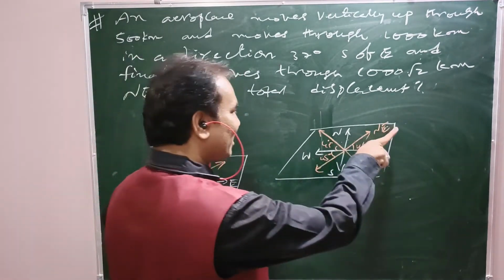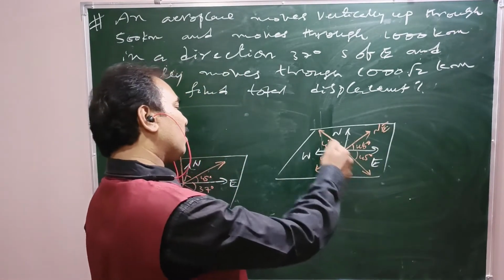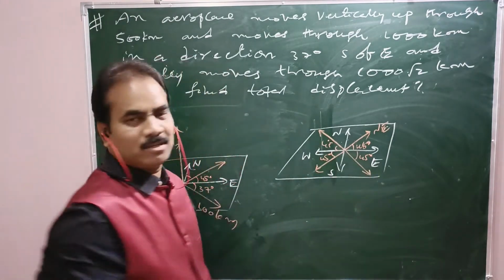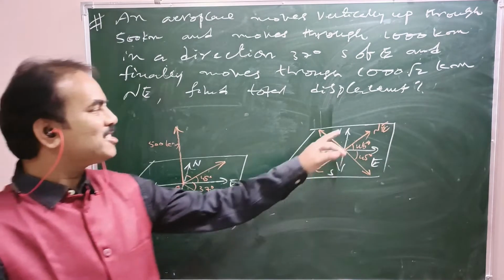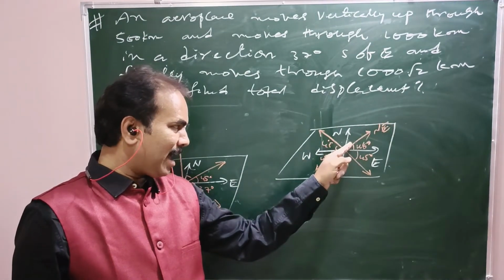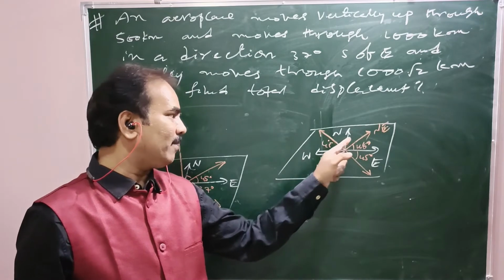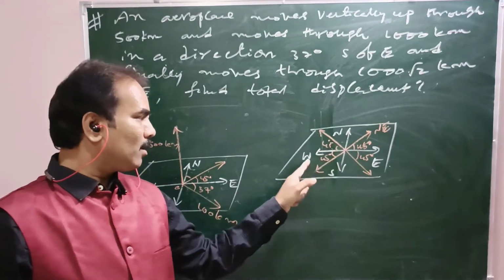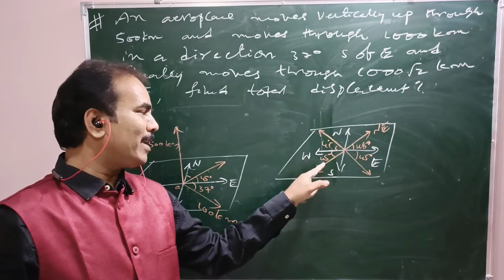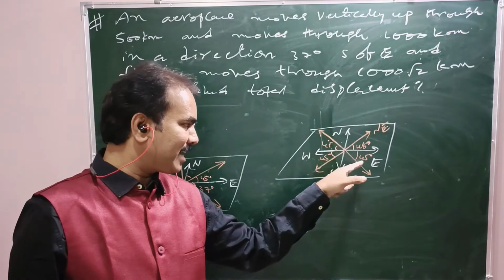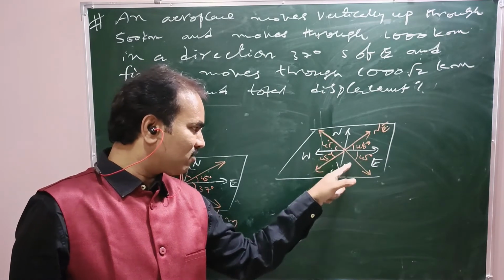So this is northeast, this is northwest, this is southwest, this is southeast. Northeast bisects the first quadrant into equal angles 45, 45. Northwest also 45, 45, bisecting the second quadrant. Southwest also bisecting 45, 45. Southeast also bisecting into two equal halves, 45, 45.